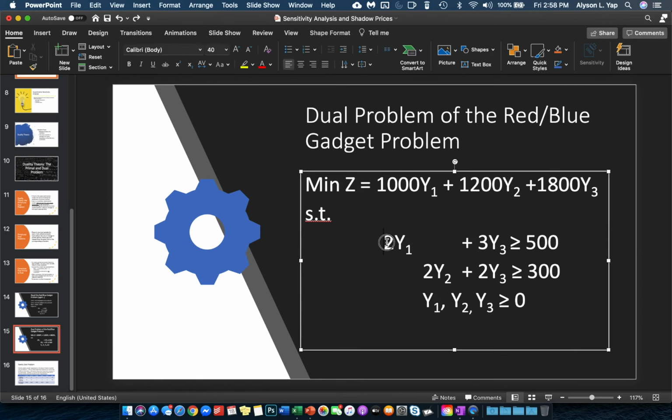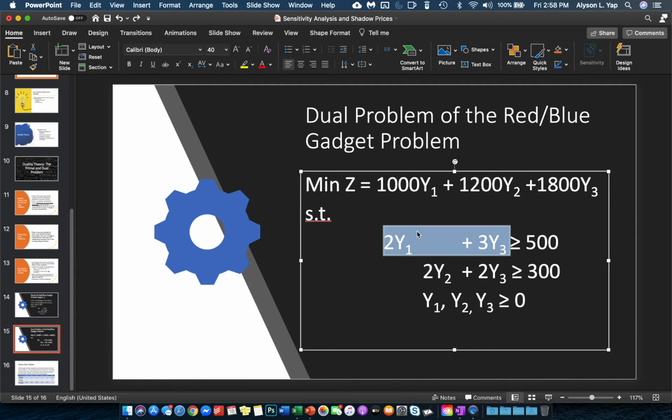And again, if you get the sum product of 2, 0, 3 and Y1, Y2, Y3, this left-hand side pertains to the value that ABC company will be getting if I offer each unit of steel, wood, and labor a price of Y1, Y2, Y3.